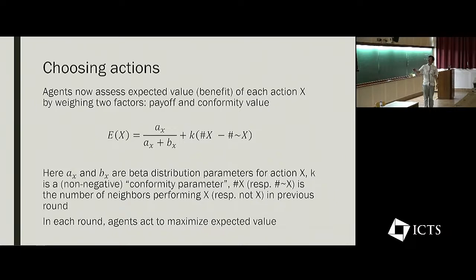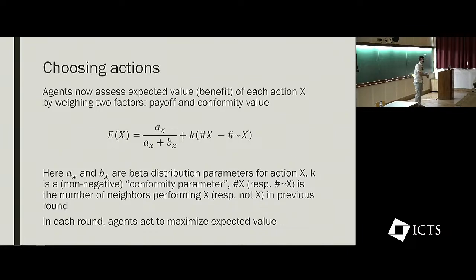That plus another term. That term is a function of the number of your neighbors that performed one of the actions on the previous round minus the number that performed the other action in the previous round, multiplied by some new parameter k that's going to measure how much you like to conform.